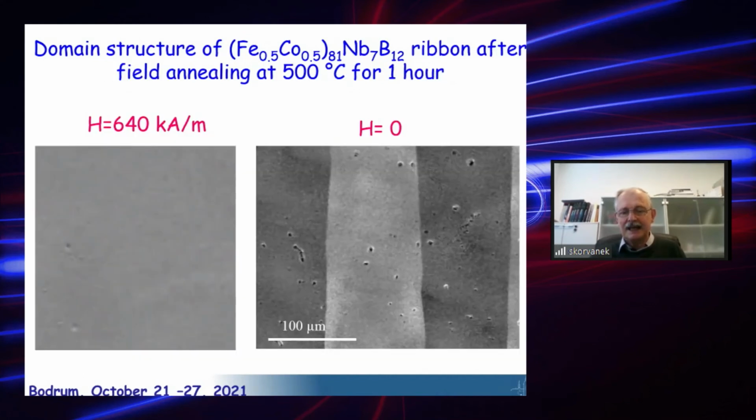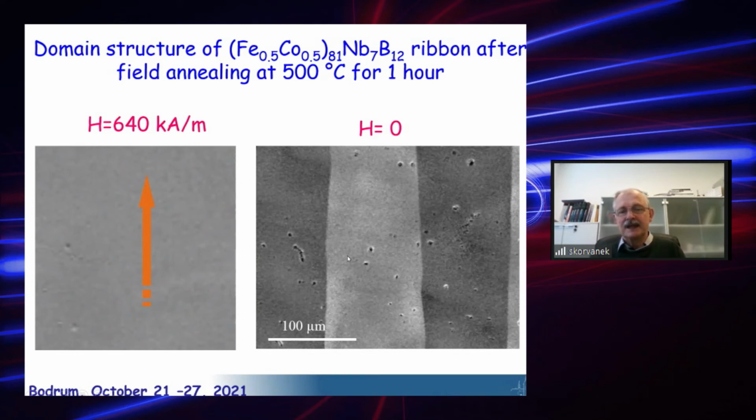When we apply the field during annealing, all domains are somehow woken up. We have a homogeneous situation. The sample is homogeneously magnetized, and we induce anisotropy in one preferred direction. So when we decrease the field, the domain structure is like this. This is possible for soft magnetic materials.